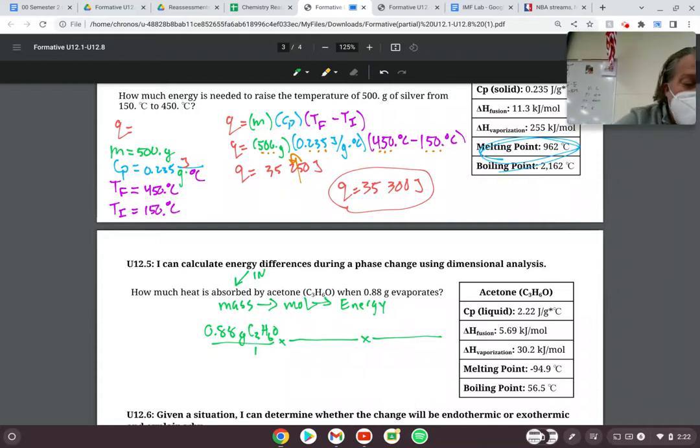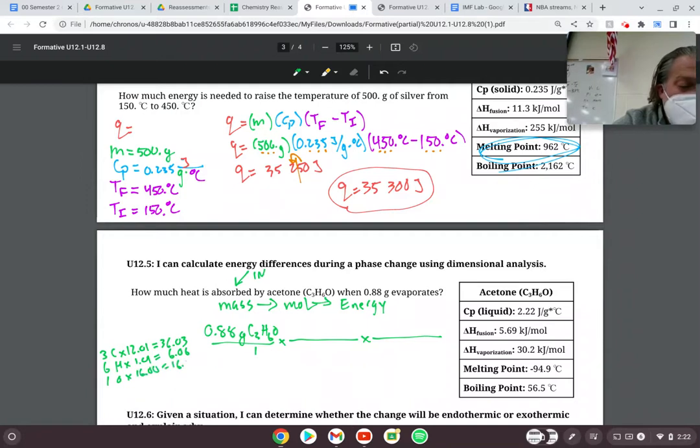I need to calculate the molar mass. So I have 3 carbons times 12.01, which is 36.03. I have 6 hydrogens times 1.01, which is 6.06. And I have 1 oxygen times 16.